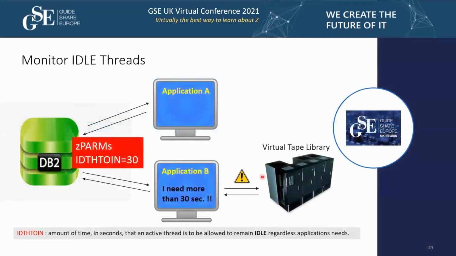But talking again about remote connections, we can also monitor idle threads. Idle threads means that we have a thread that is waiting for an answer, but someone doesn't respond.